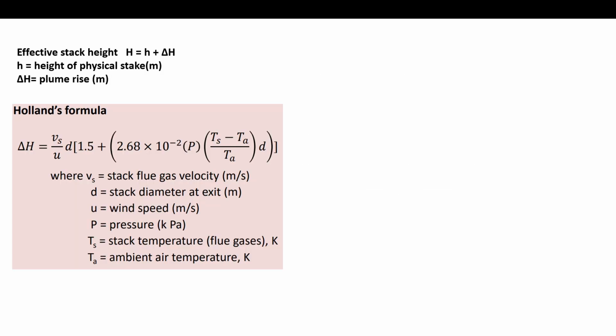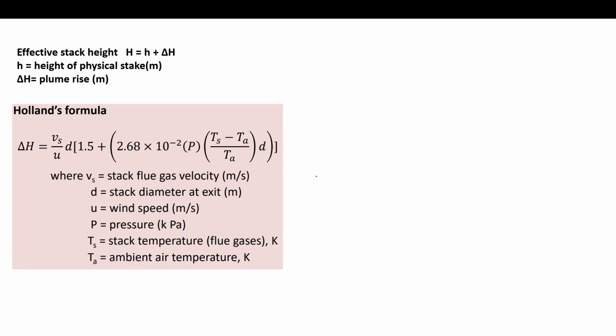So for delta H, how much the plume rises, which will be added to the stake height to calculate effective stake height. It depends on the stake flue gas velocity, the exit diameter, obviously the wind speed, and the exit outlet pressure.